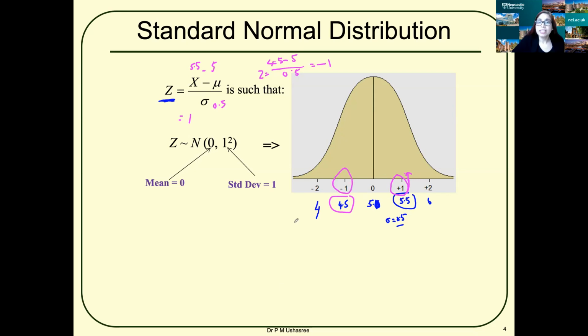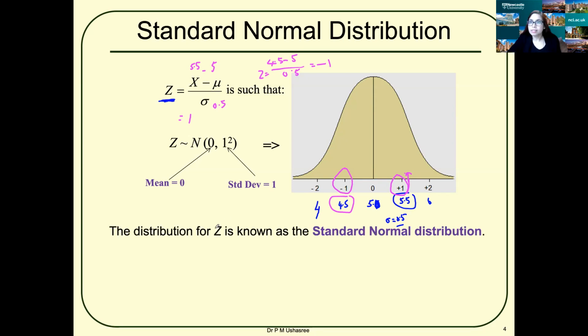So you can convert each value of the random variable to a z-score. The corresponding distribution will be a standard normal distribution. So you can convert a normal distribution into a standardized normal distribution using this transformation formula. Agreed?